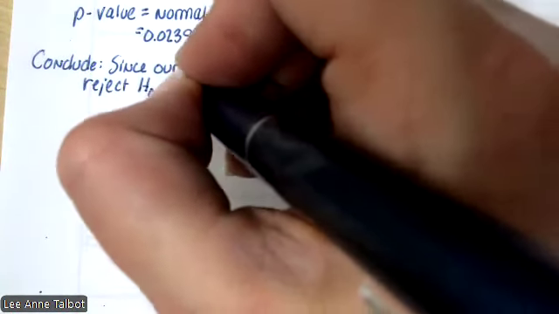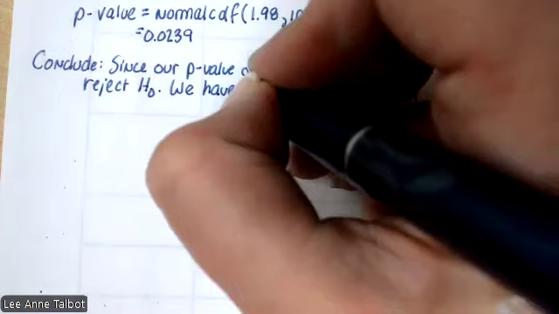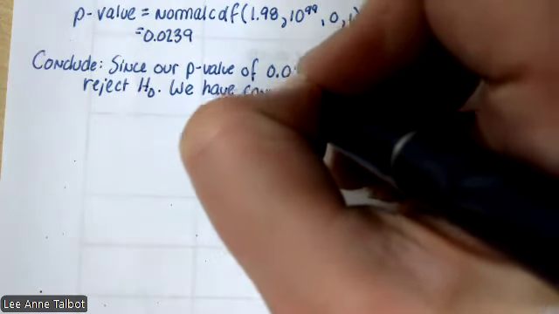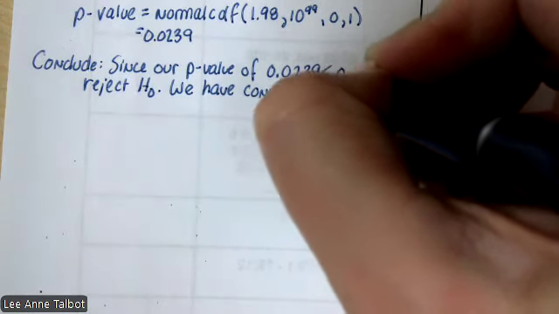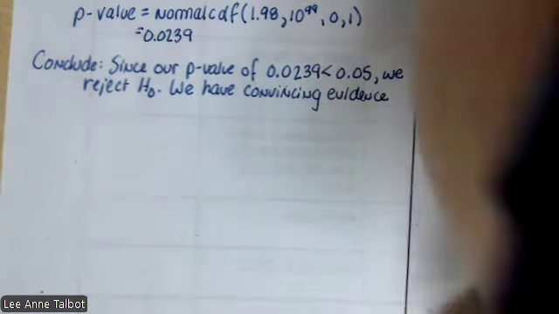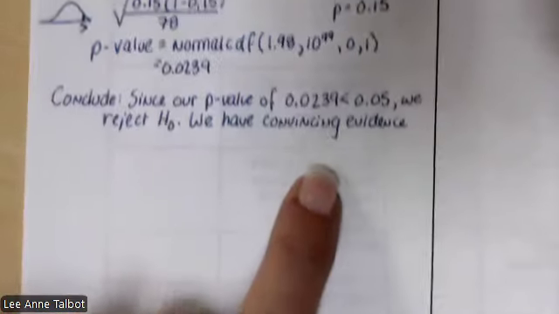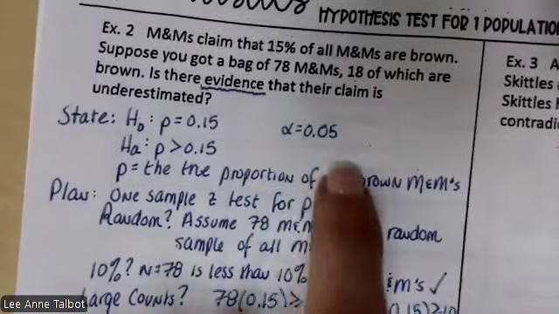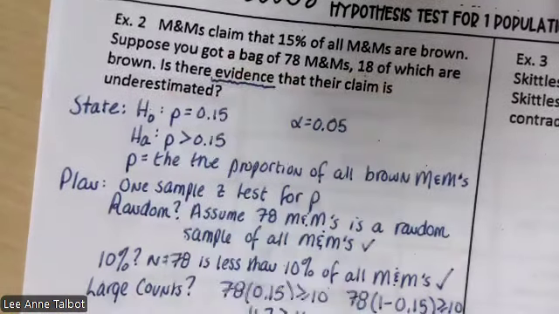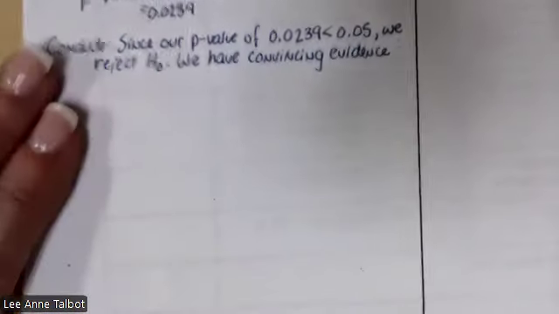That means we do have convincing evidence. And then I come back up into the problem that their claim is underestimated.